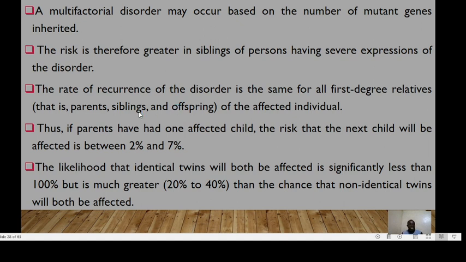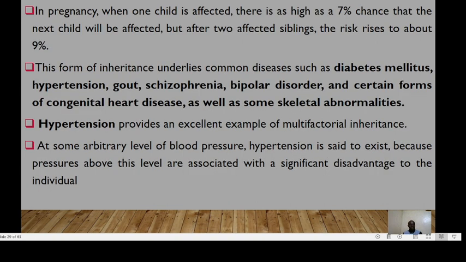Thus, if the parents have had one affected child, the risk that the next child will be affected is between 2 and 7%. The likelihood that identical twins will both be affected is significantly less than 100%, but is much greater, 20 to 40%, than the chance that non-identical twins will both be affected.